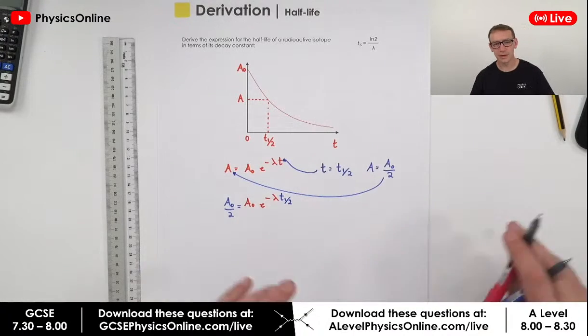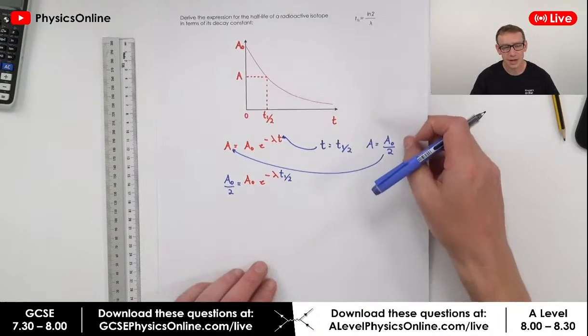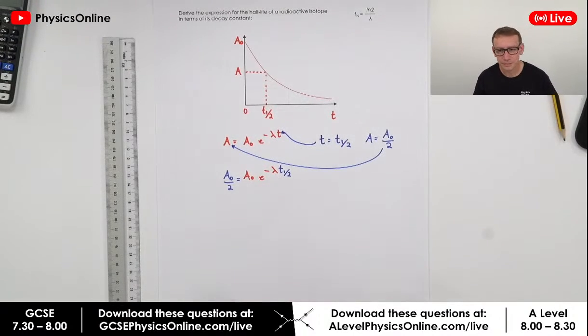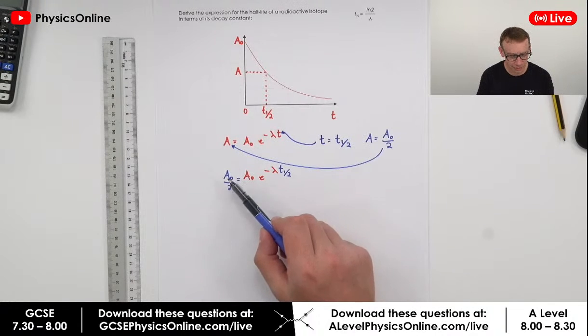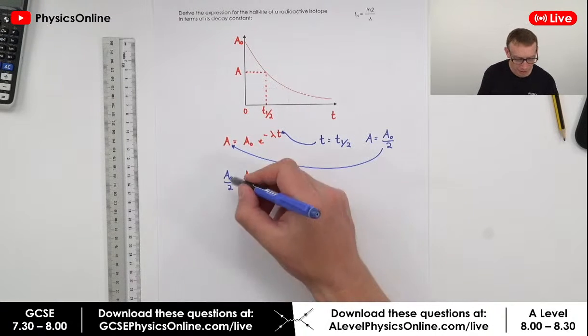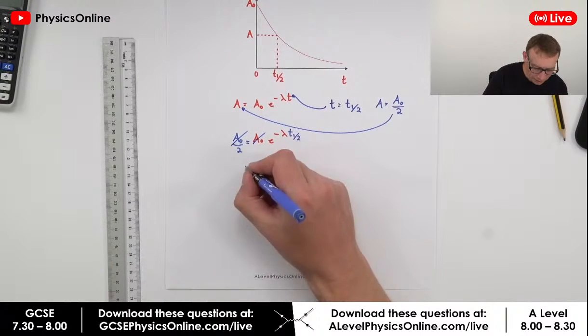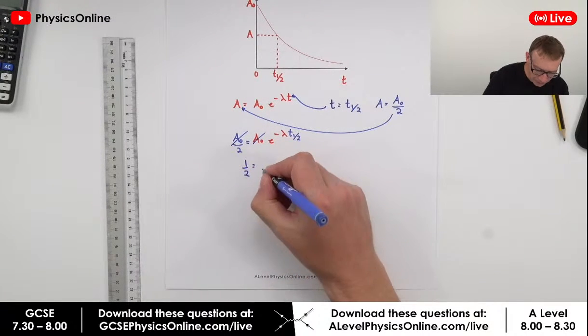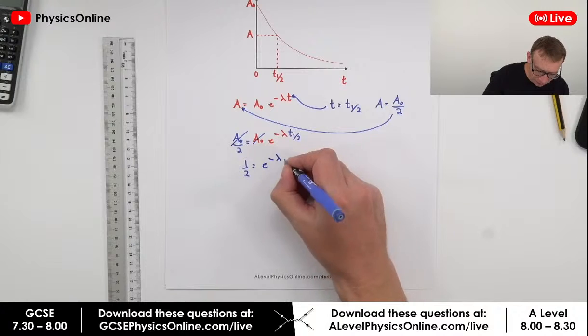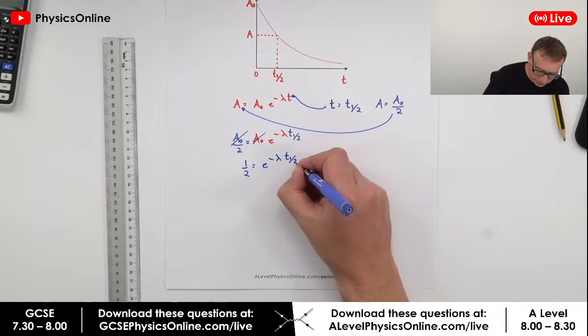Do you see what I've done there with the colours? We can actually simplify this a bit more because we've now got an A naught on both sides, and that means that they cancel. So we can say that a half is equal to e to the minus lambda t1/2.